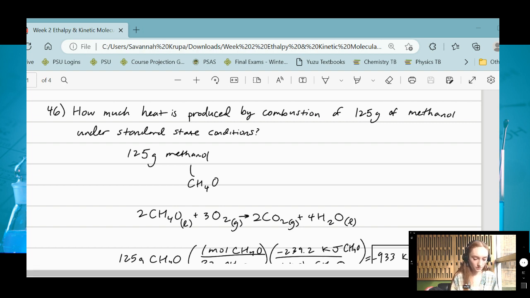So now we have 2 carbon, 8 hydrogen, and 4 oxygen. And now on the right, we're going to have to add a 2 next to CO2 so that the carbon is equal. So now on the right side, we have 2 carbon, 5 oxygen, and 2 hydrogen still.